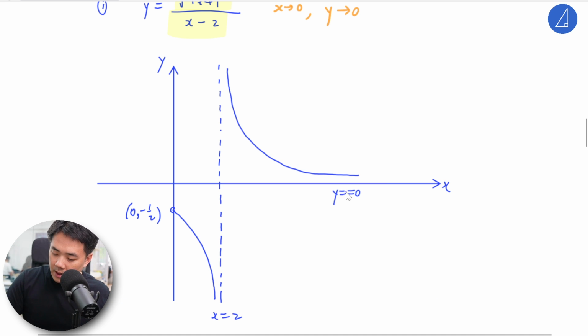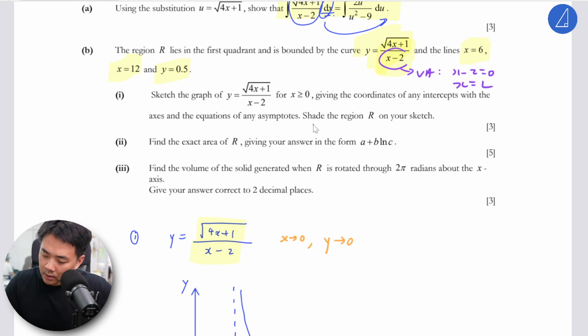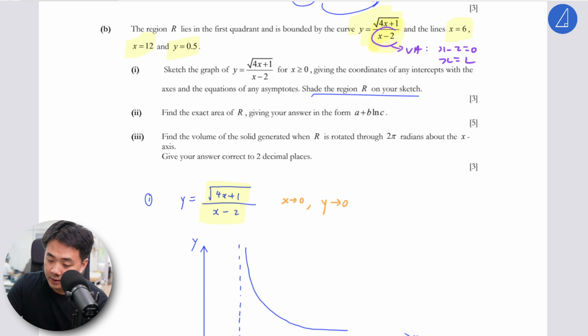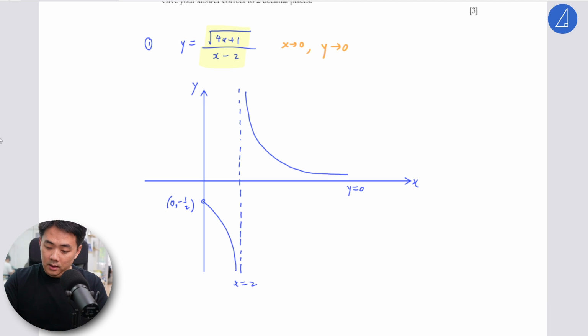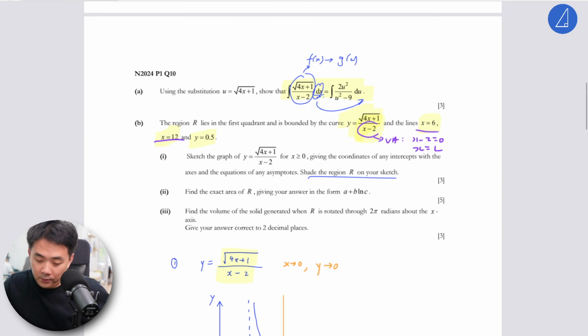Okay. So they asked us to sketch a graph just now. What was it? I mean the region R. Let's look clearly at the region R. So we have x equals to 6. So x equals to 6 will roughly, okay, very far away. Maybe we just don't have to draw the scale.